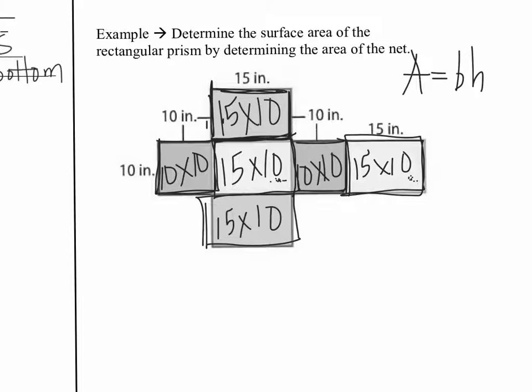So you have 6 faces, and you have the area of each one. You should know 15 times 10, which is 150, and you'll notice that there are 4 of those.